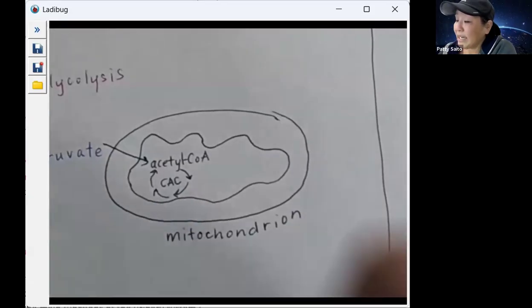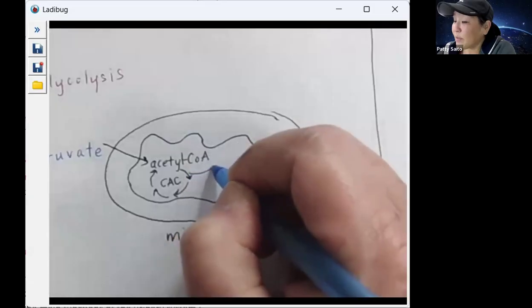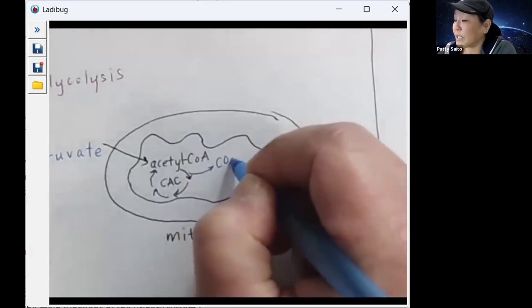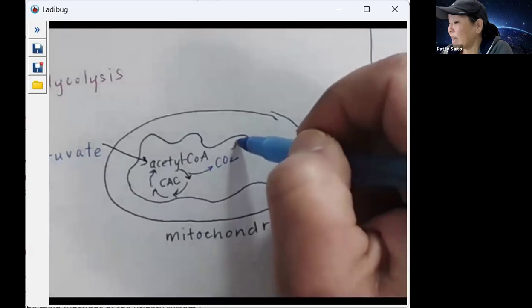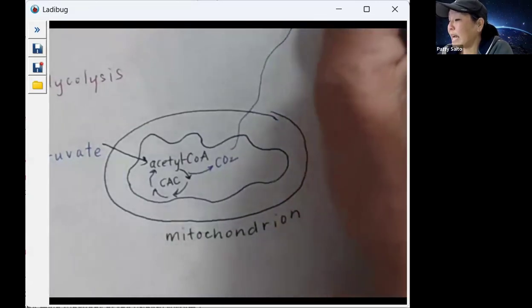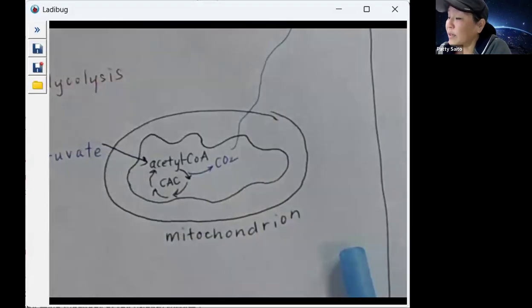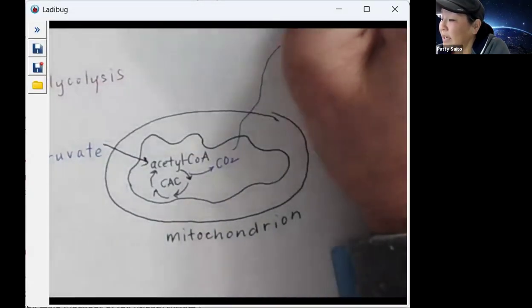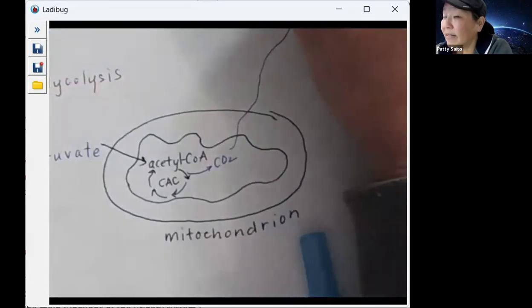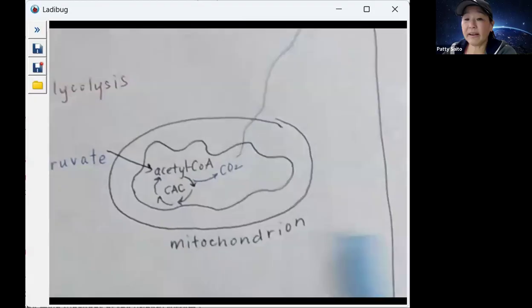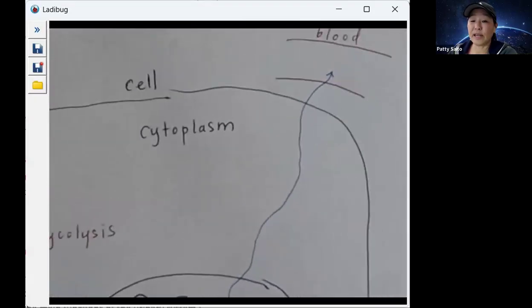The first thing we get out of these reactions is some carbon dioxide, which acts as a waste product that diffuses out and goes back into the blood. So this is blood here.